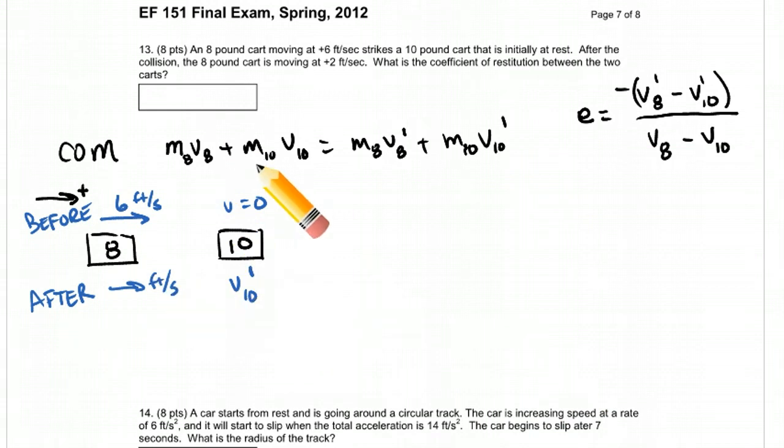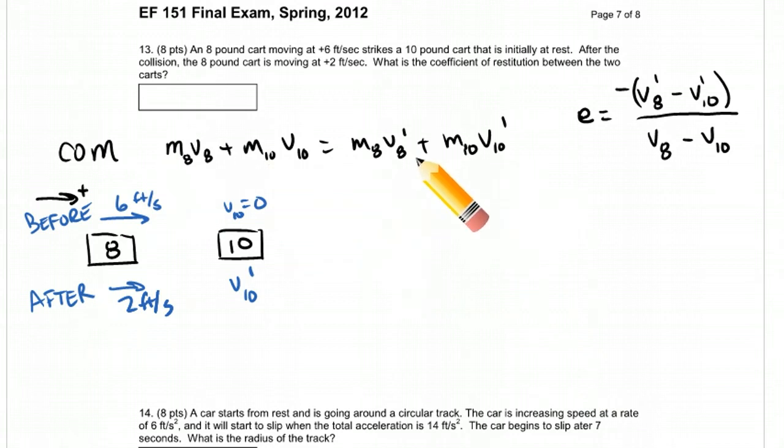So we'll use conservation of momentum to find this V10 prime. Oops, I forgot to write 2 feet per second. Let me rewrite that a little better. So that's V10. Just translating that down there.